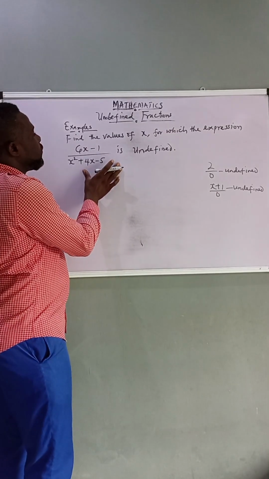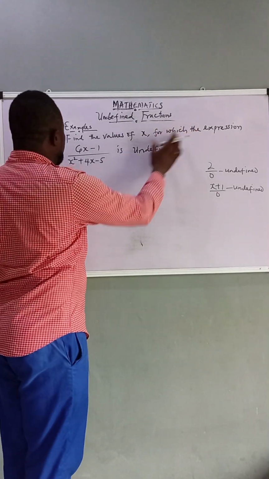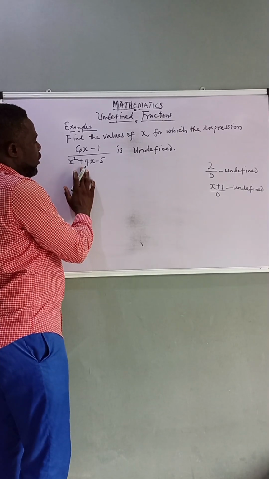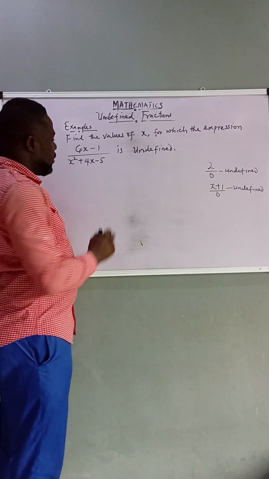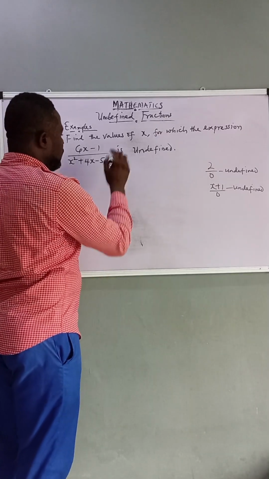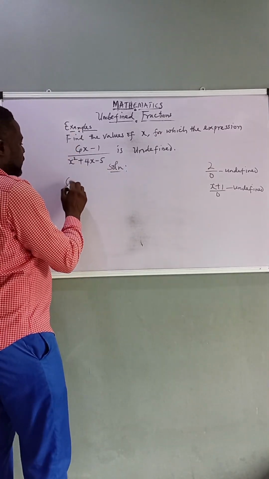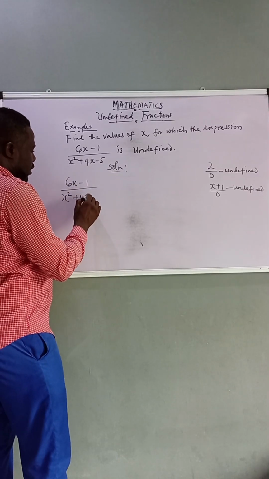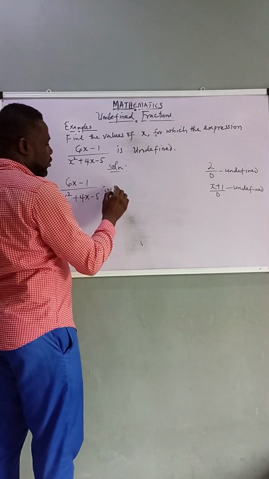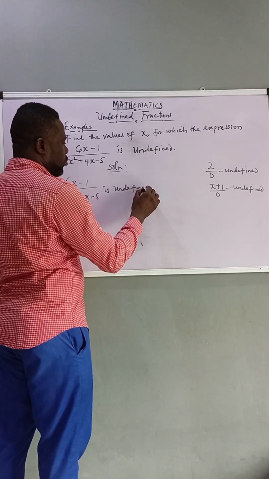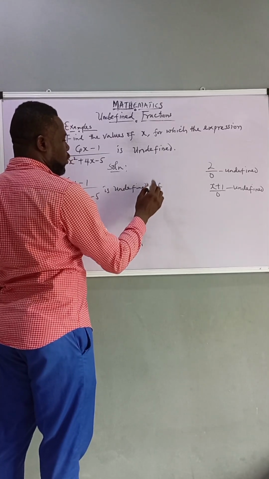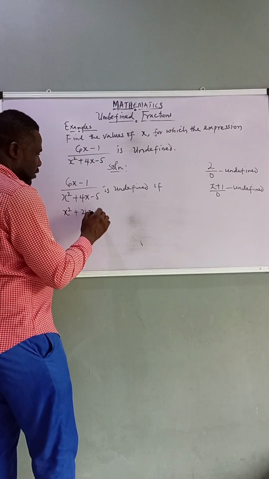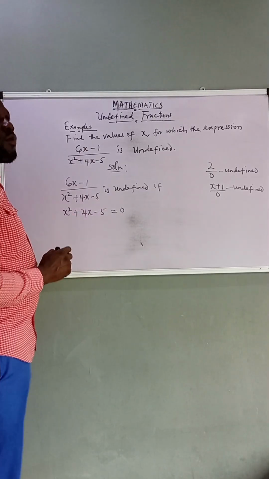So when we are asked to find the values of x for which the expression 6x minus 1 divided by x squared plus 4x minus 5 is undefined, then we can say, solution: 6x minus 1 divided by x squared plus 4x minus 5 is undefined if or when x squared plus 4x minus 5 is equal to 0.